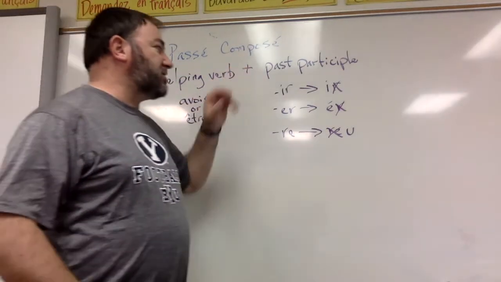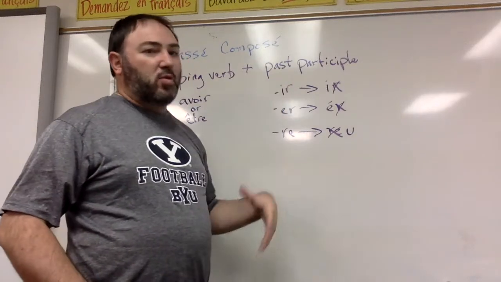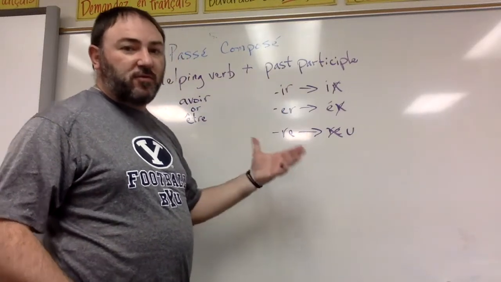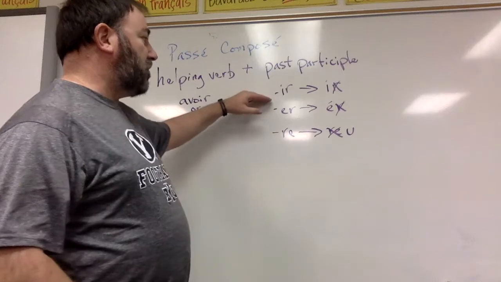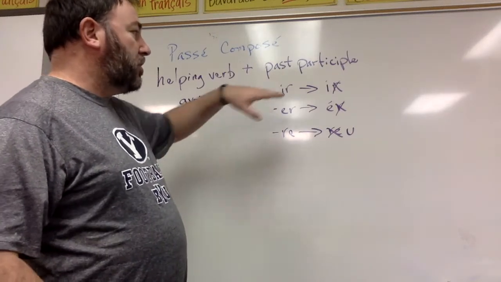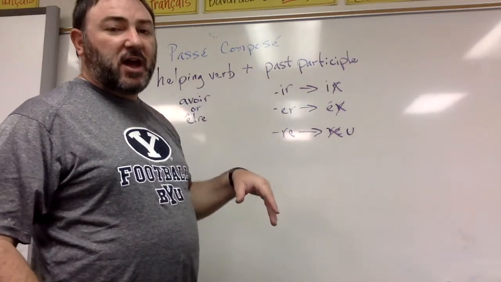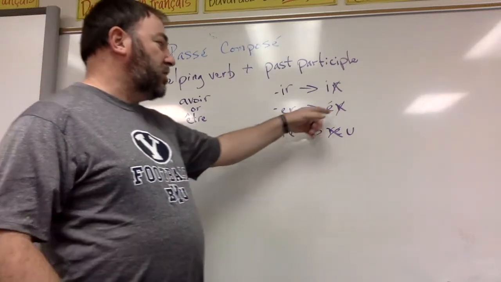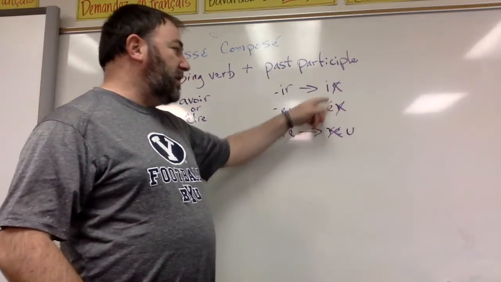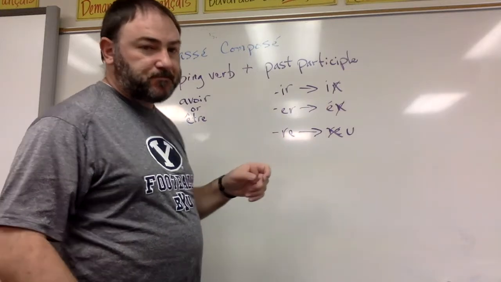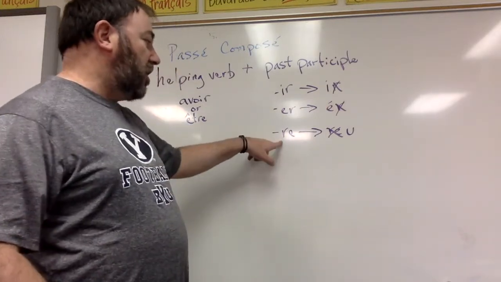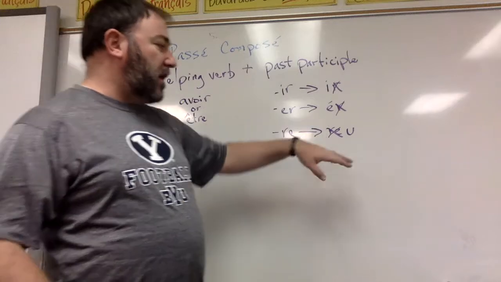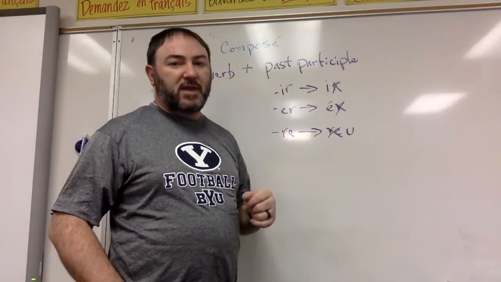Now, the past participle for all regular verbs: for regular IR verbs, you drop the R and just leave the I on the end, and that's the past participle. For regular ER verbs, you drop the R and add an E with an accent aigu over the E. For all regular RE verbs, you drop the RE and add a U on the end.